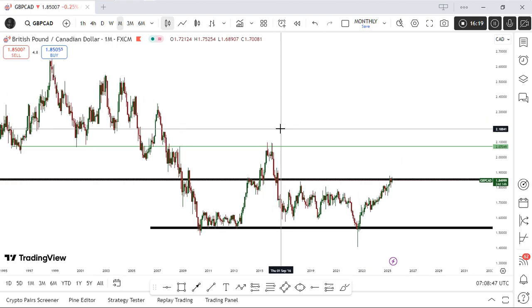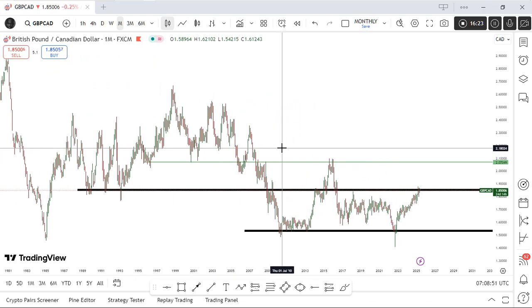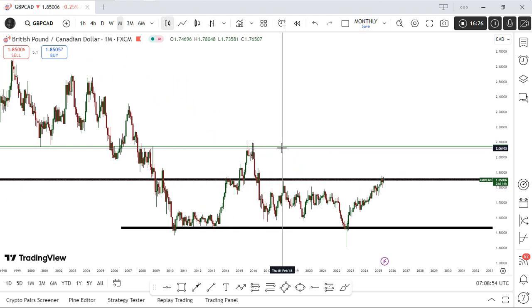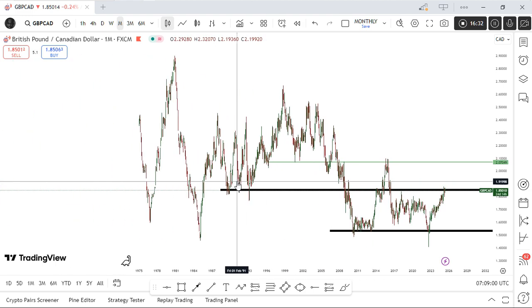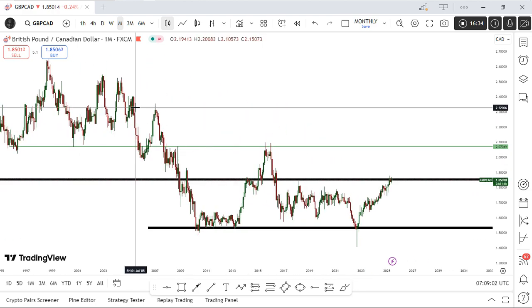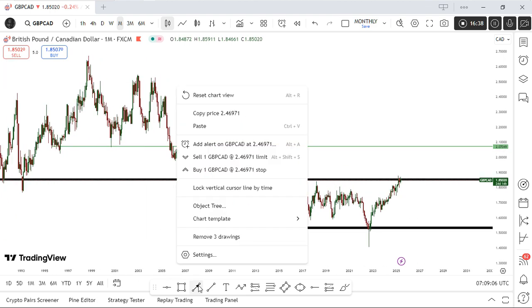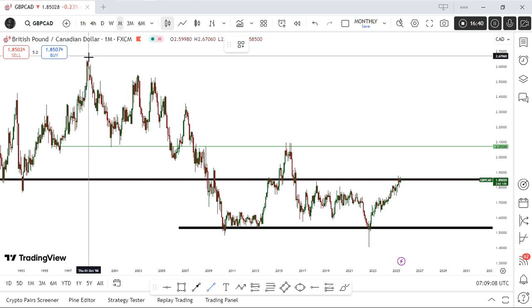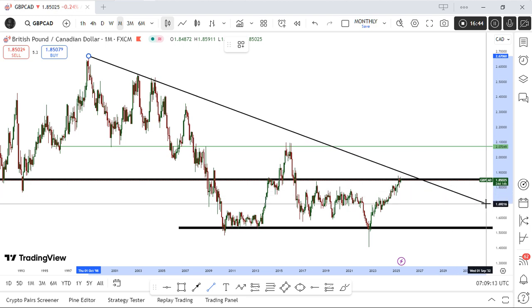Now, that being said, there is something I would like to put on my charts to give me more information and more confluence. From this zone, let's check something using our trend line. From this zone, we have first touch here, drag into this point.